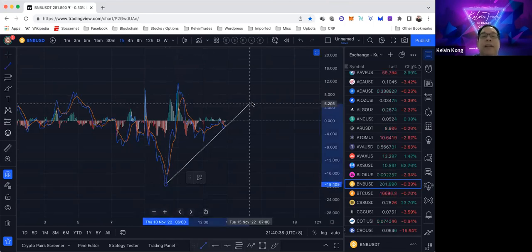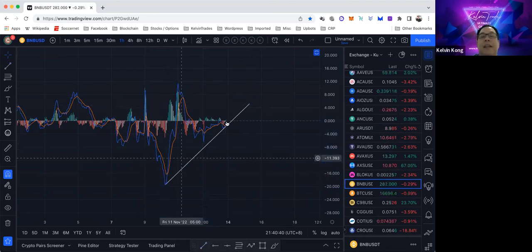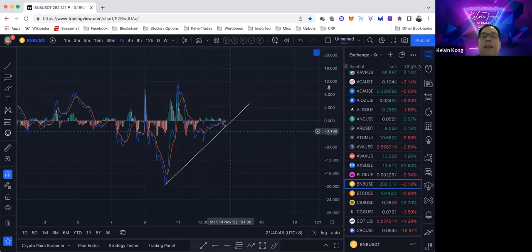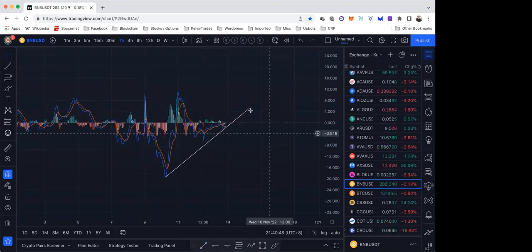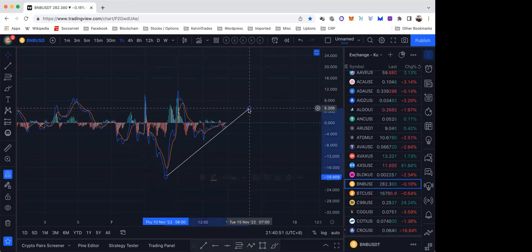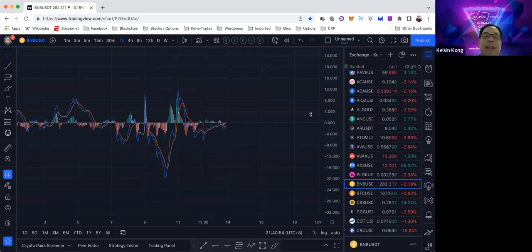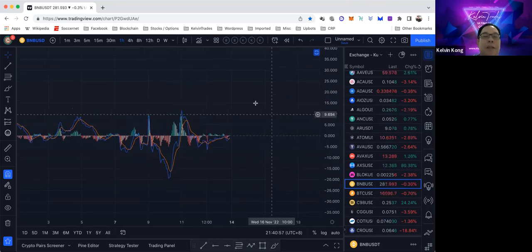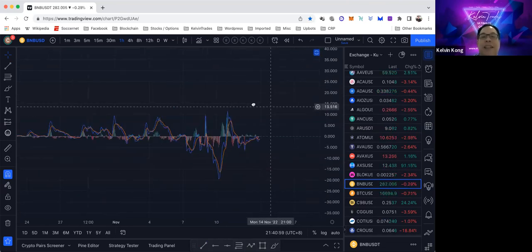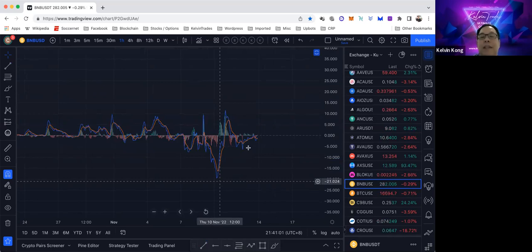So this blue line, if it doesn't break down, okay. Oh, first time I see can draw trend line on MACD. Wow, I didn't know that. Yeah, there's a lot of things I haven't taught you all yet. So it could be bullish.